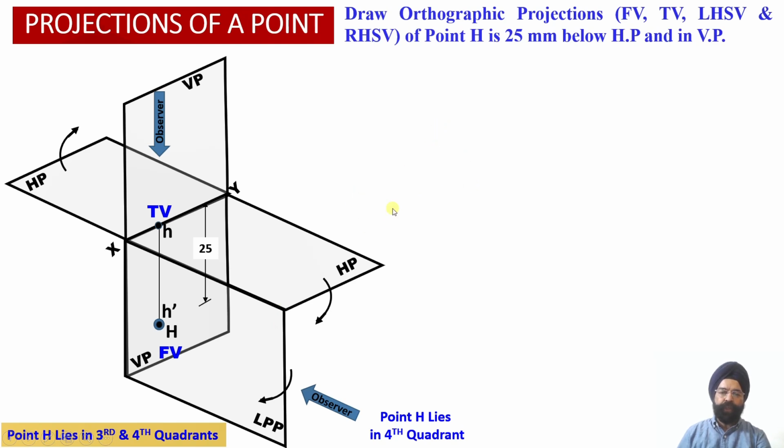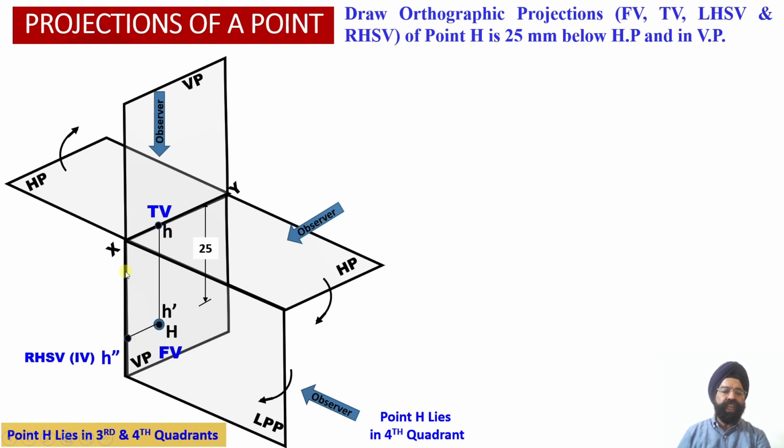Now when the observer looks at this point H from the right hand side orientation, the right hand side view projection of this point H will be obtained onto the left profile plane at this position, that is 25 millimeter below the horizontal plane, because the distance of this point H from the vertical plane happens to be 0.